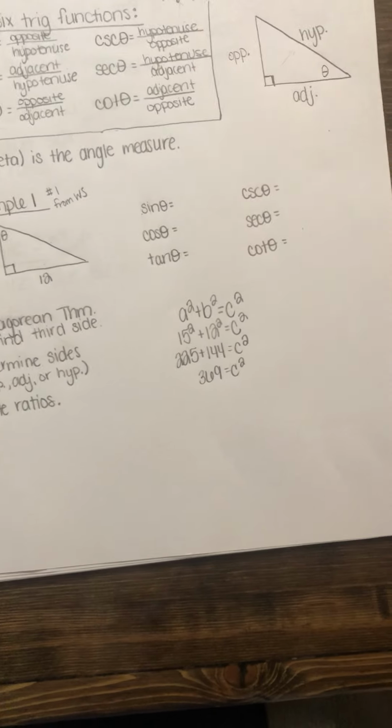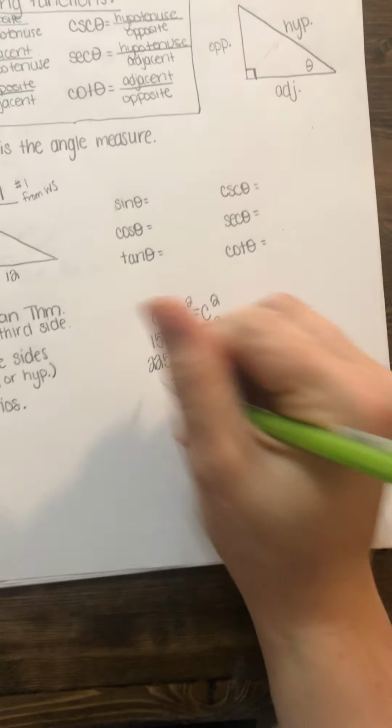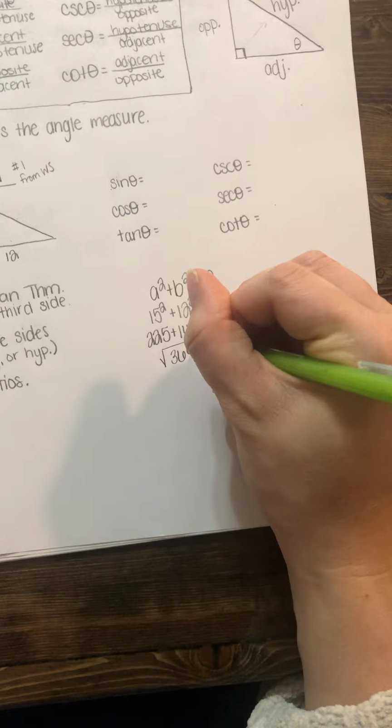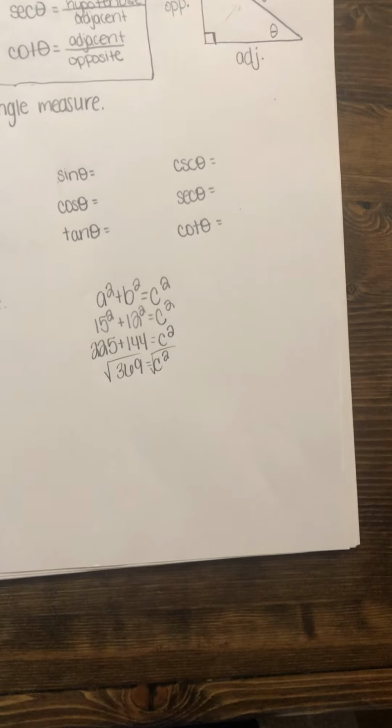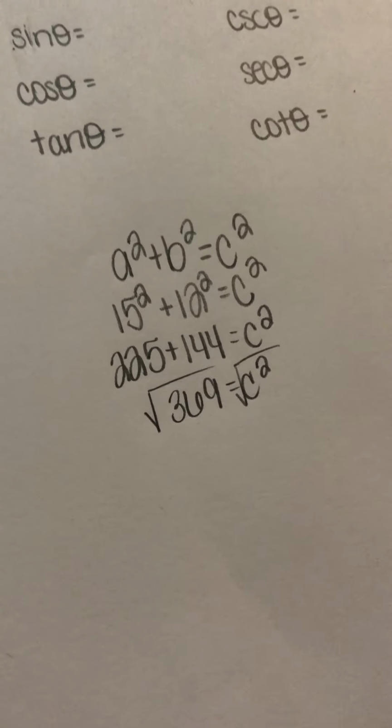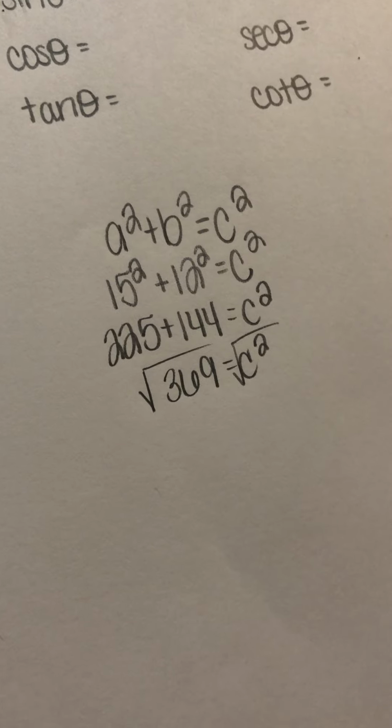And so if we do that, we'll take the square root of both sides. And then let me see what that breaks down to, because you're going to want to break this radical down.